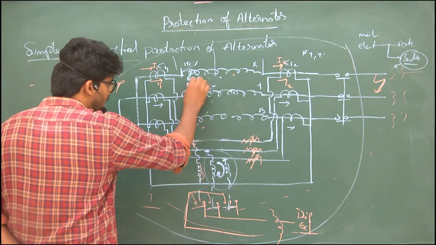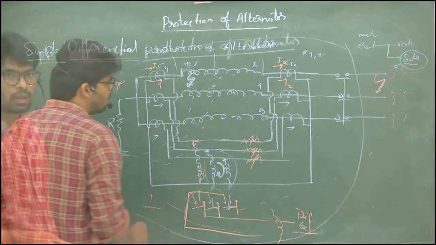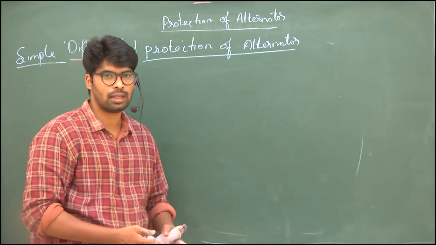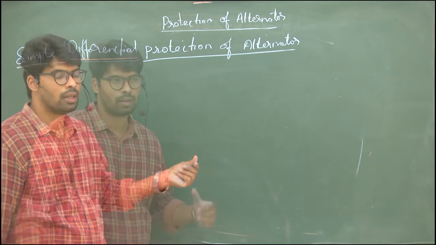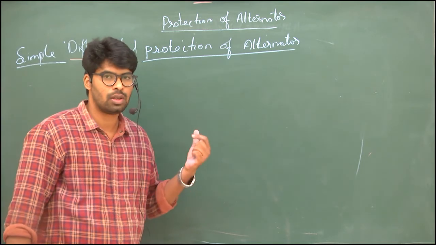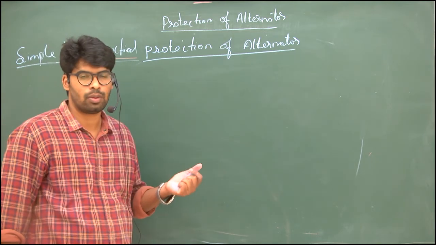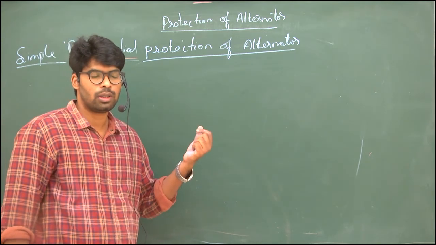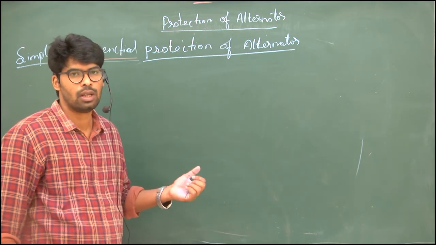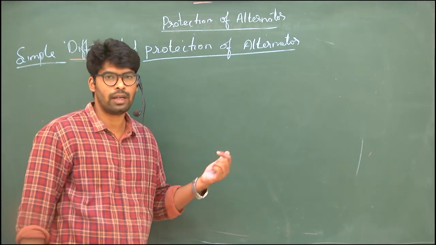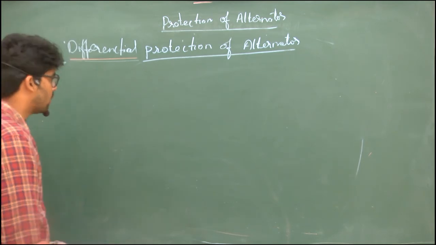But if the fault occurs near the ground, the fault current will not be sensed by this coil. So now we have seen the protection of alternator by simple differential protection, and its disadvantage: the relay may not operate when the fault occurs near the ground. That fault should also be detected by this relay coil. So we'll see the modified differential protection of alternator in the next class. Okay, thank you.